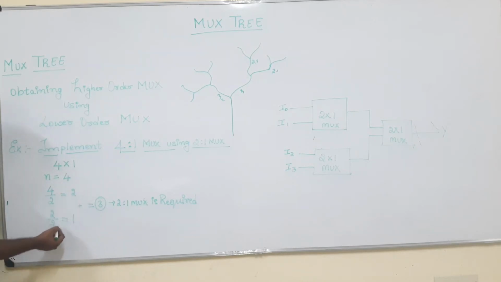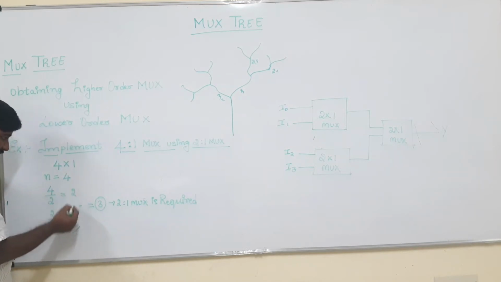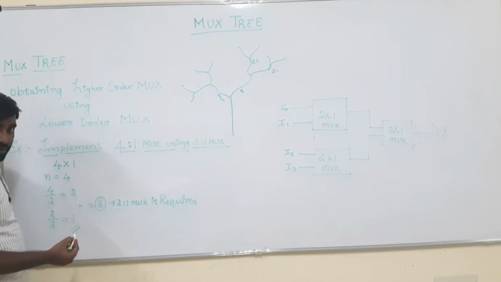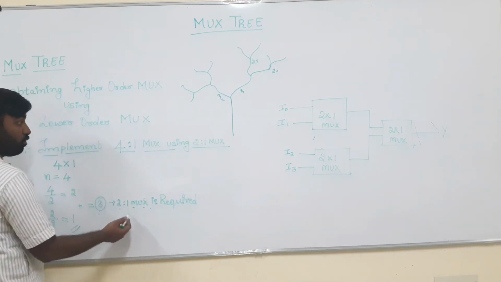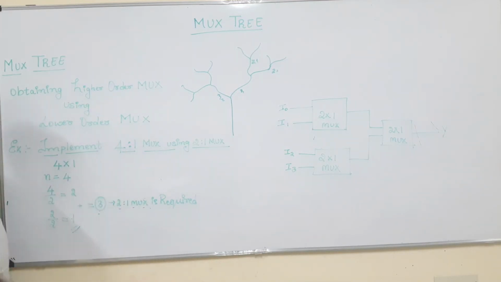I cannot divide 1 by 2 again and again, so I'll stop at this point when I attain 1 as my value. If I add the last two of this, 2 plus 1 becomes 3. So it means that we require three 2:1 multiplexers to construct my 4:1 MUX.